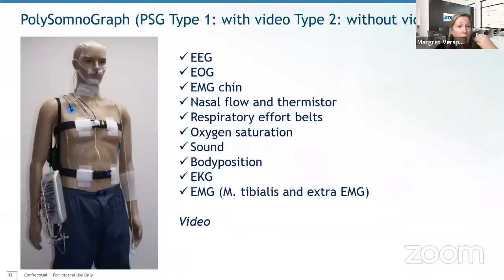We start with type 1. When we look at the polysomnography, the gold standard, we see, looking at this doll, how a patient really looks in a hospital, with all those electrodes on the head, on the chin, on the face, on the chest and abdomen, and also the respiratory belts.